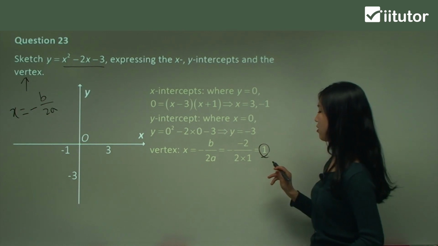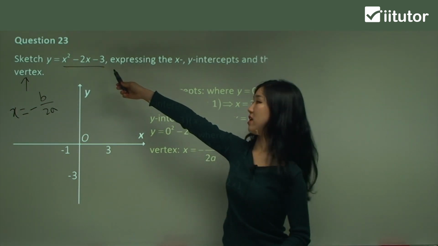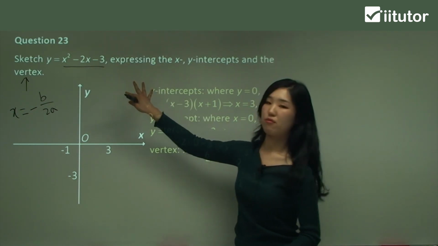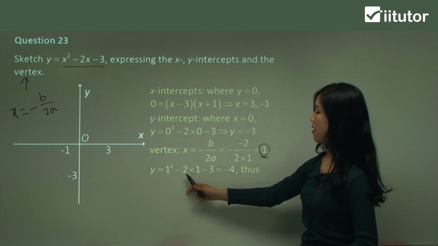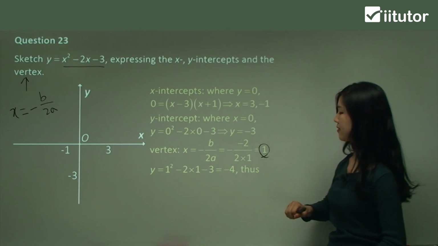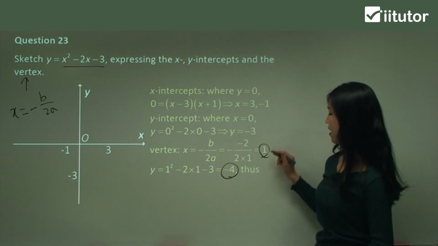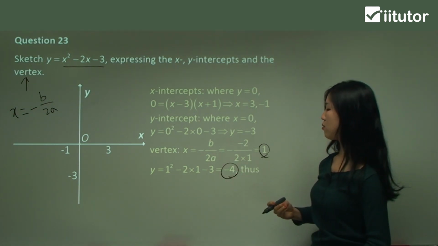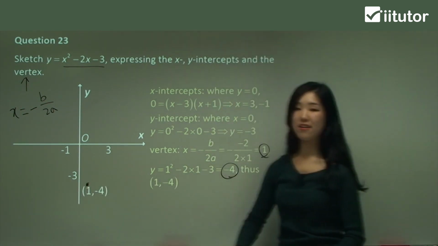So all I need to do is substitute that value of 1 back into the original equation, or the graph. Okay, so put it back in. You have 1 squared minus 2 times 1 minus 3. So you just put the value of 1 in for x, and then you should get negative 4. Okay, so that's x, that's y. So the coordinate would be 1, negative 4. I just plotted there, so it's approximately there.